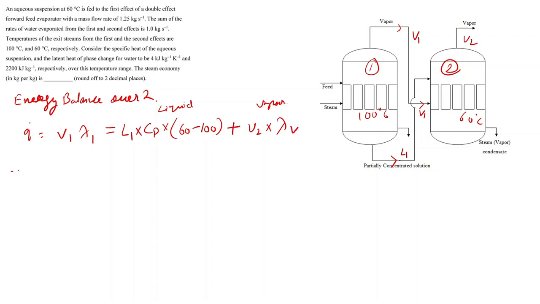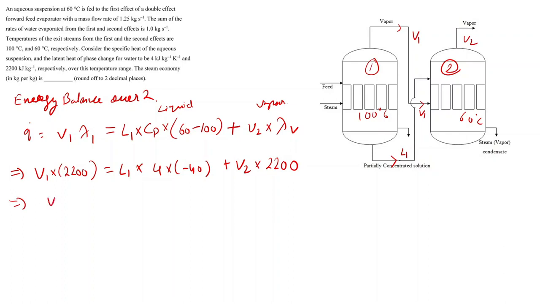Okay, so now we can just replace the values. V1 into 2200 is equal to L1 into the specific heat of this suspension, given as 4, into minus 40, plus V2 into lambda V, which is 2200.